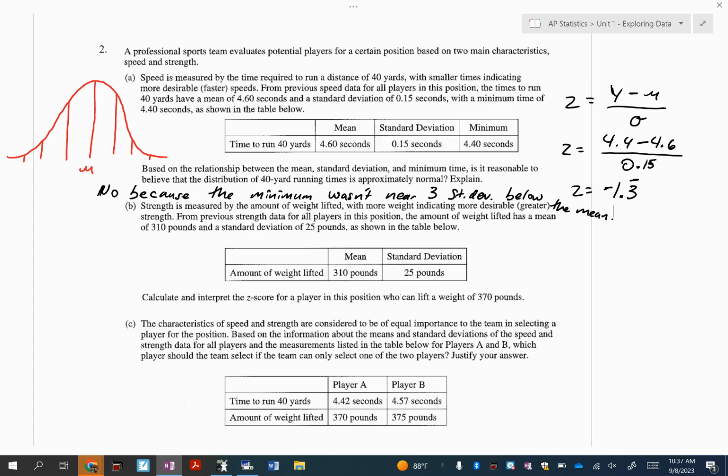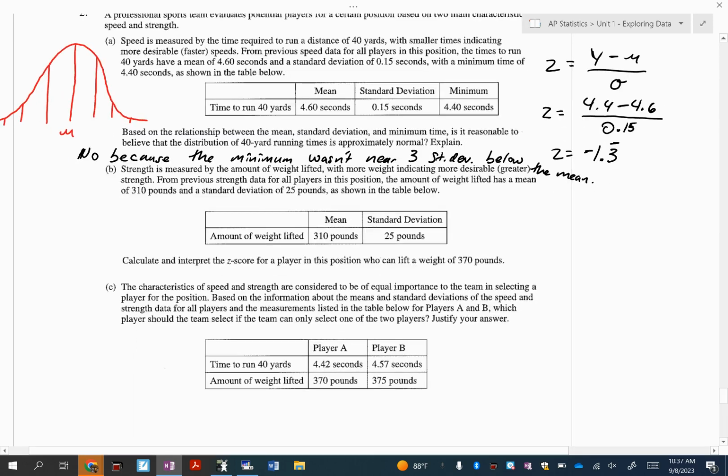Or if it said, what is the time associated with the slowest 5% of players, then I would use the inverse norm that's in there. This question is not asking you to do any real calculator stuff besides basic algebra. Is everybody okay on A?